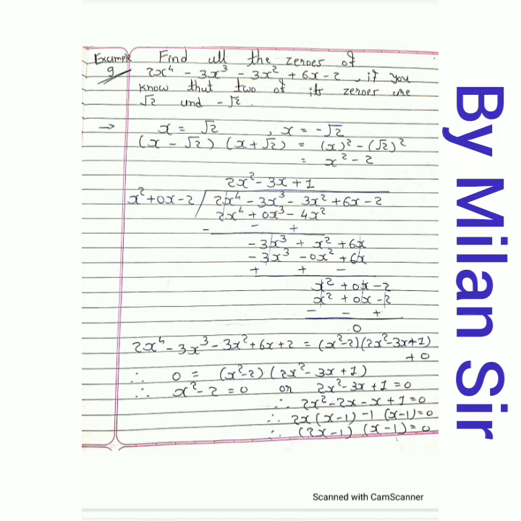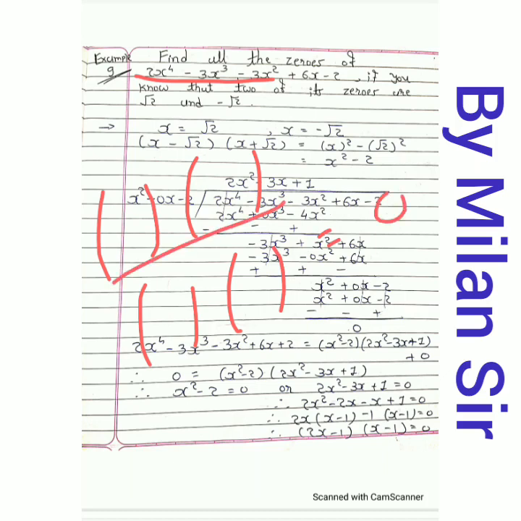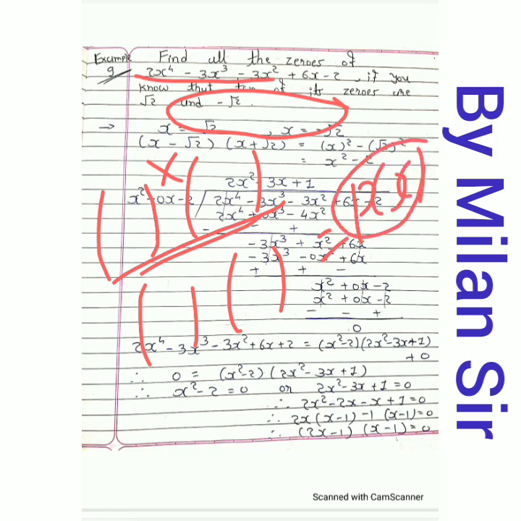Okay, so if we solve this polynomial, in the end we get 4 brackets equal to 0, and out of these, two brackets we already know, √2 and minus √2. So just multiply these two brackets and divide p of x by this product of two brackets.